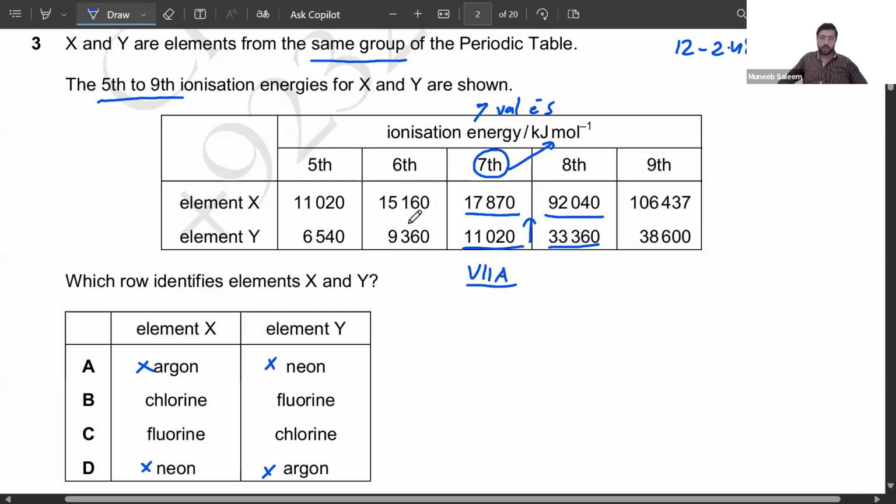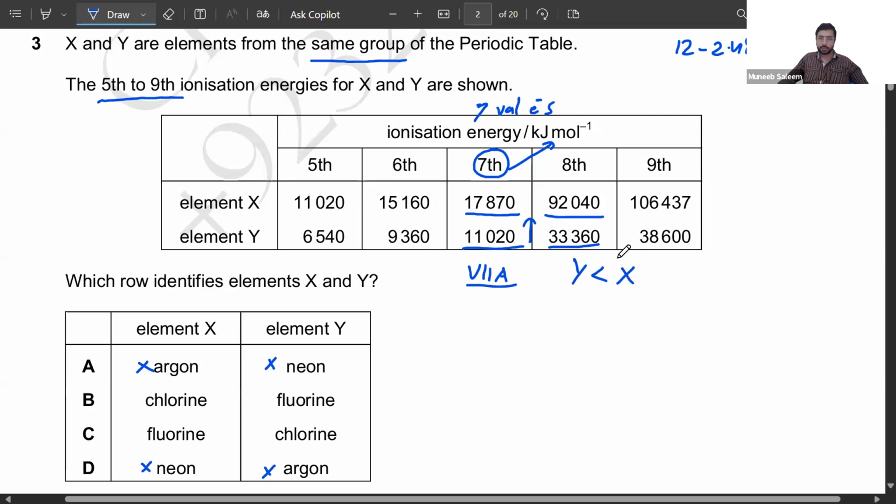Now the next thing is that we have to decide which of these two elements have different positions in the group. Since Y has a smaller value as compared to X, Y is below in the group and X is above.